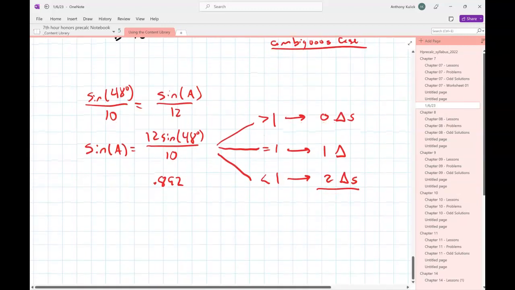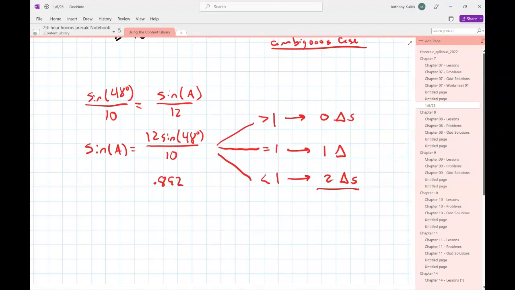This tends to be the most difficult thing in chapter 7, is just doing these ambiguous case problems. So not bad that we're hitting the hardest thing in this chapter on day 1. I'll take it. And this isn't too bad, right? You just have to get comfortable figuring out what's going on.